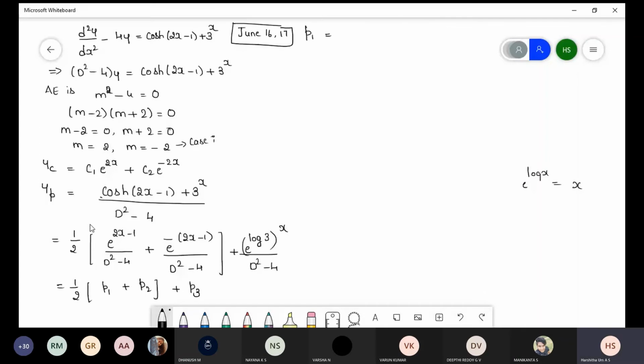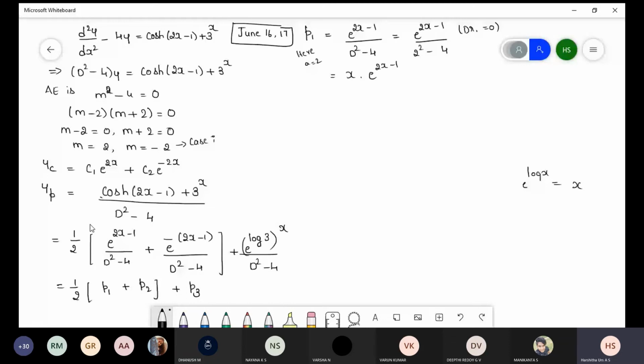P1 is equal to e^(2x−1) divided by D² minus 4. What is our a value in the first one? The a value is 2. So e^(2x) divided by 2² minus 4. We have the condition that the denominator becomes 0. When the denominator becomes 0, first we write x, then into the numerator e^(2x−1), divided by the differentiation of the denominator.